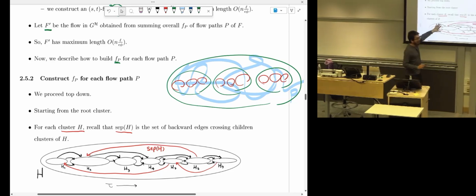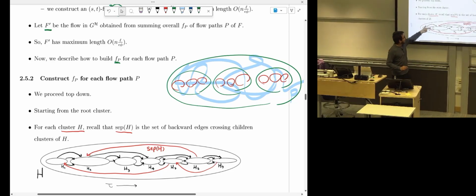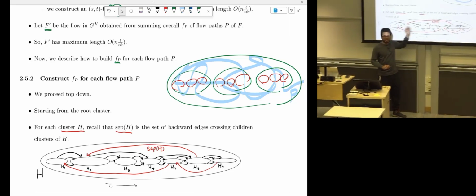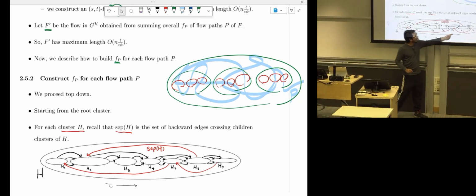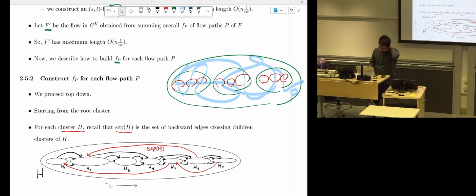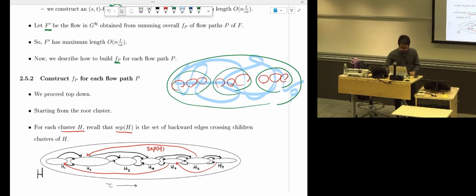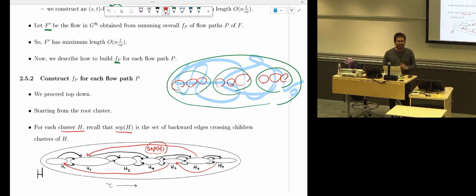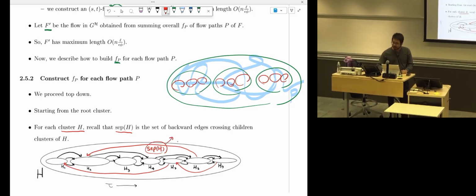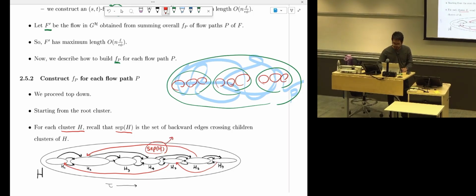H is some cluster, there are children, and the separator of H is the backward edges that cross the children clusters. And by definition, this is phi-expanding in H.